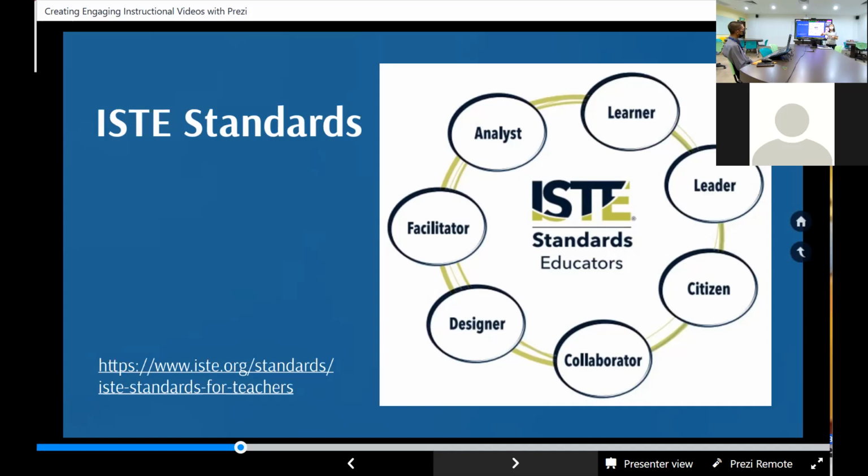What I'm going to focus on today is just for the educators. There are standards for learners, standards for coaches, standards for leaders, all sorts. But we're just going to focus on educators. And in these standards here, they have educators as leader, learner, citizen, collaborator, designer, facilitator, and analyst.